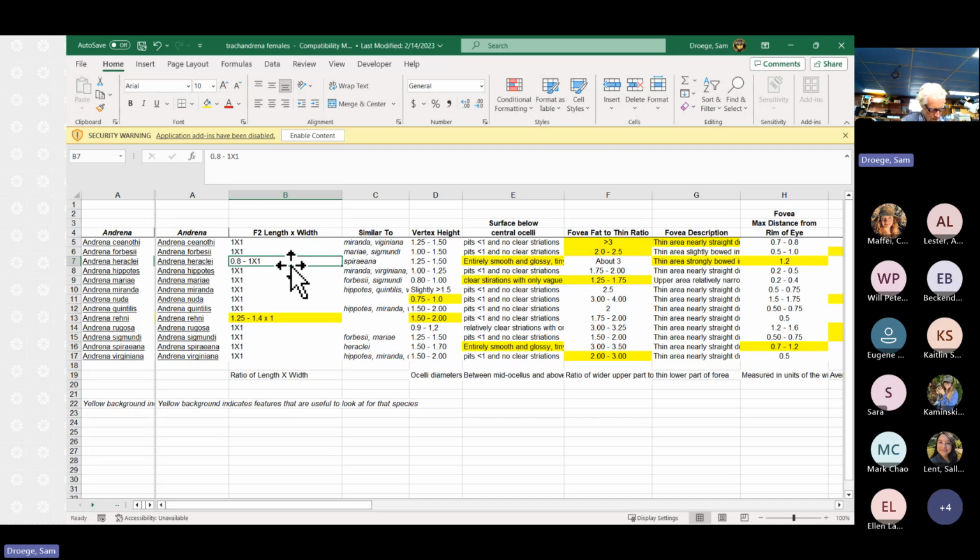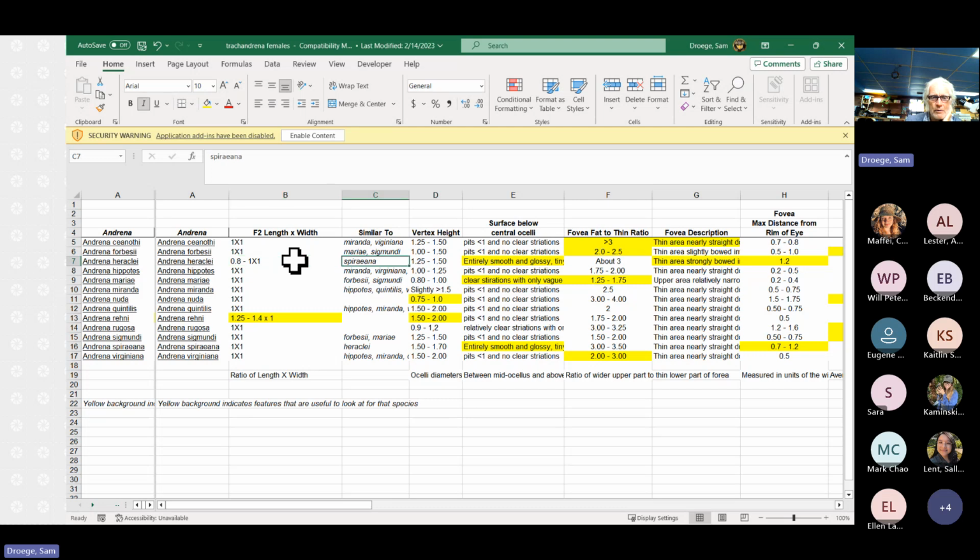So in our area, we see Heraclei reasonably regularly. If we're looking at Heraclei we're looking again for a yellow, although we do take a note here and see that the F2 length, it's not highlighted, but it is a bit different, but it includes 1 by 1 there. So maybe not that useful.